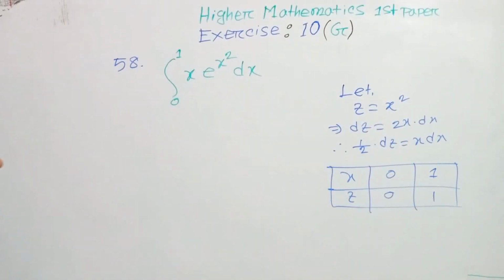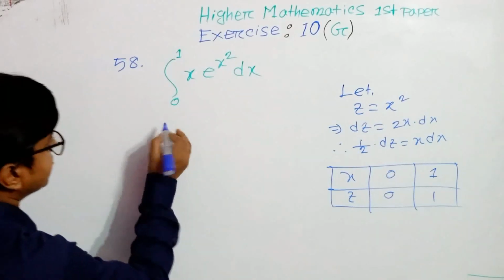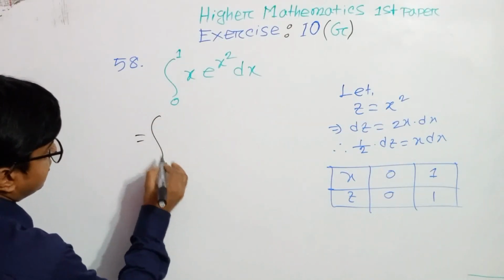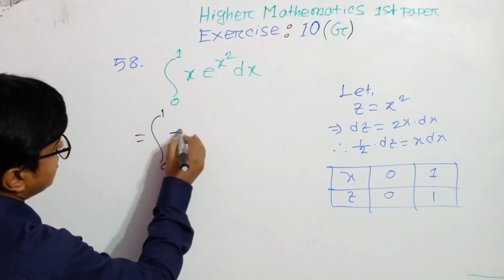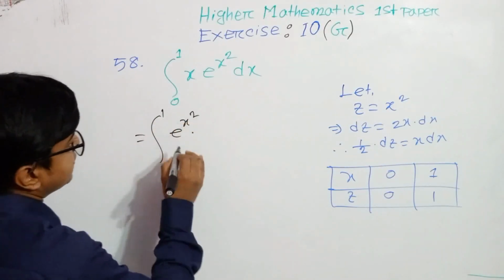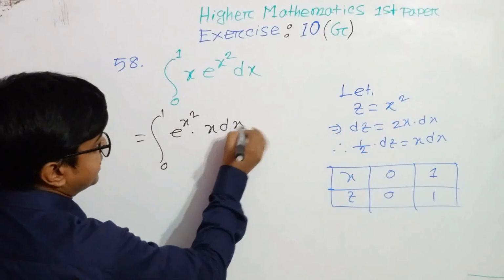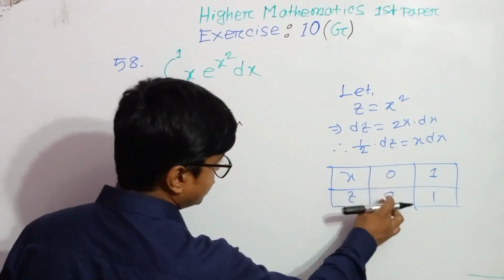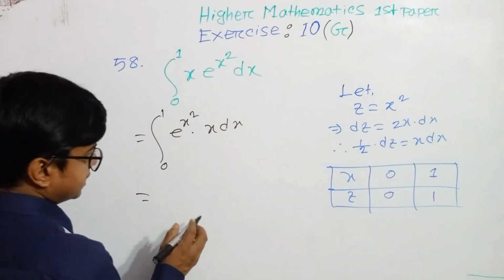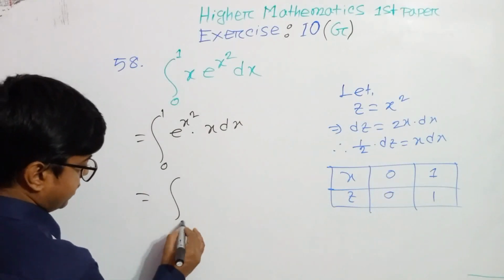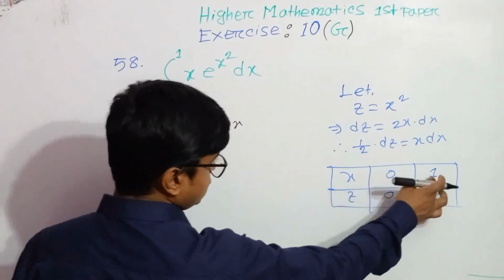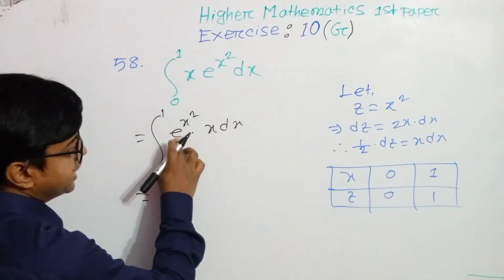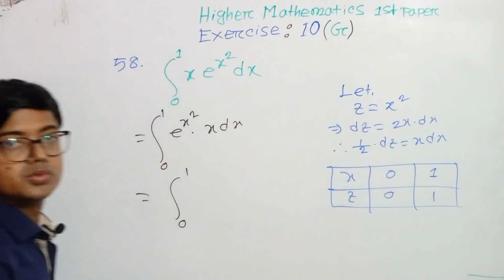Now look at this, integral from 0 to 1 of e to the power x square into x dx. When x equals 0, then z will be 0, and when x equals 1, then z will be 1, and x square equals z.